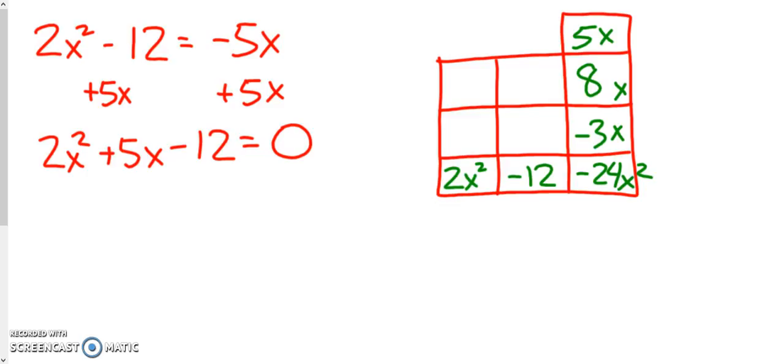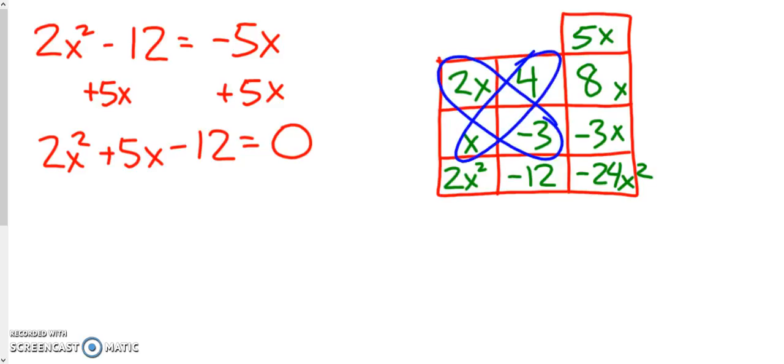The greatest common factor between the 8x and the 2x squared is 2x. 2x times x is 2x squared, 2x times 4 is 8x, and then this would be a negative 3. Your little butterfly. So this factors into 2x minus 3 times x plus 4.